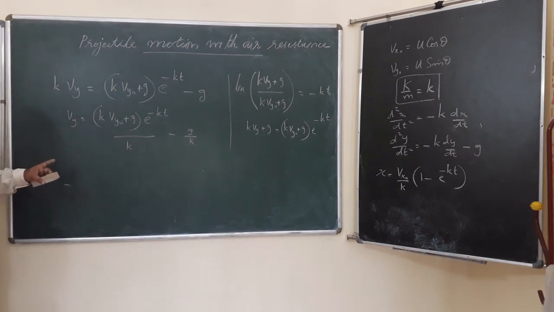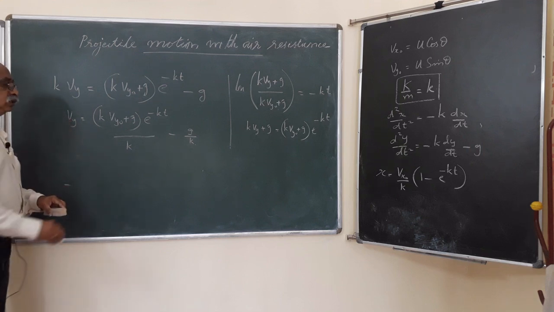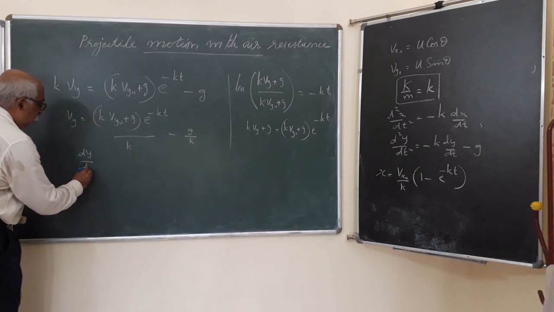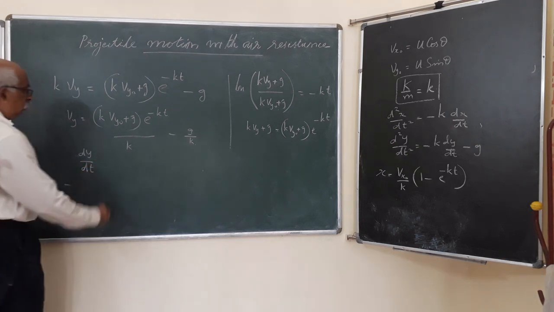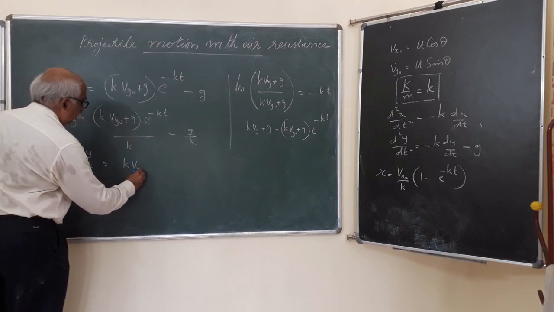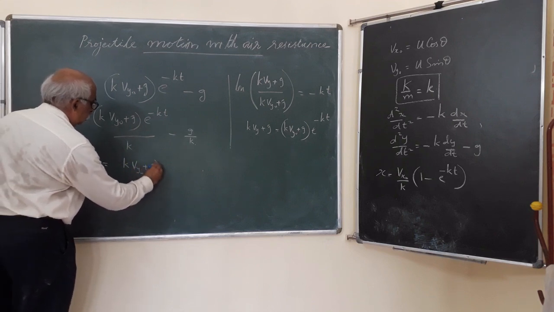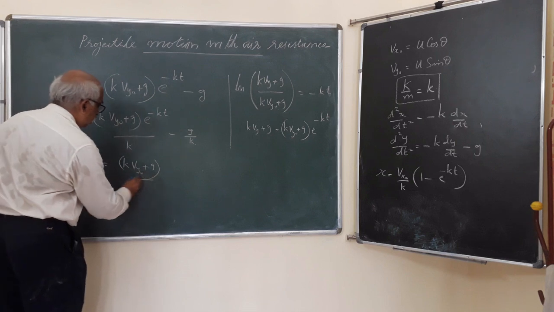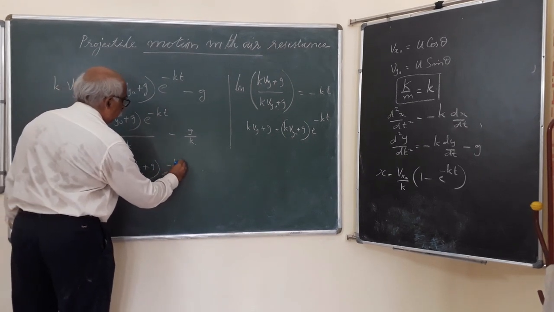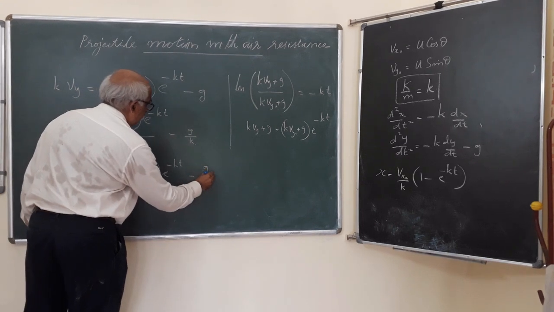Again, we can integrate because Vy can be written as dy by dt, which is equal to kVy0 plus g divided by k times e raised to minus kt minus g by k.